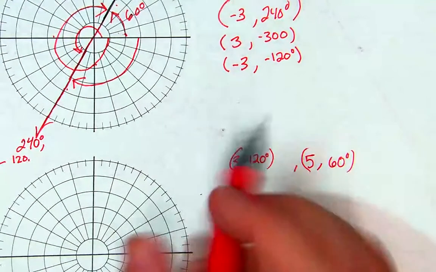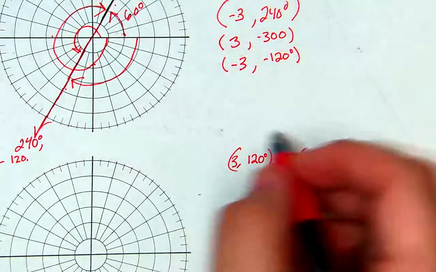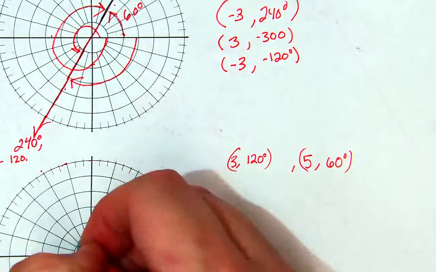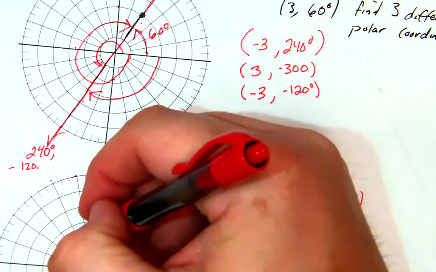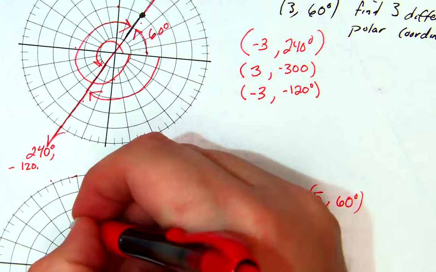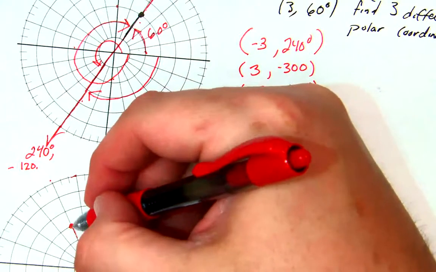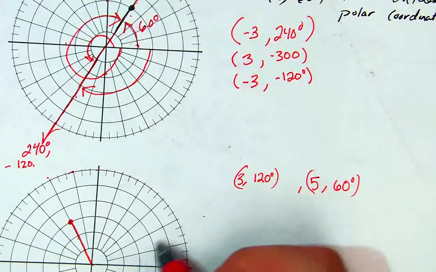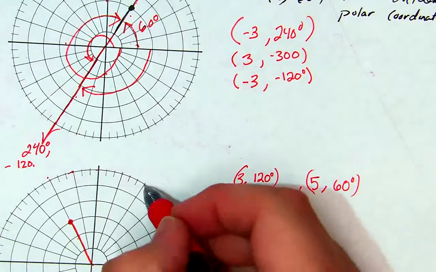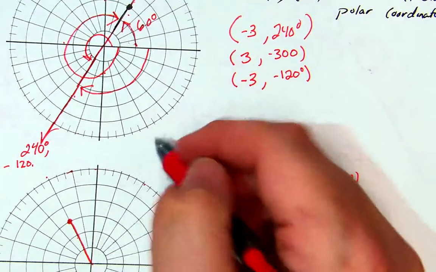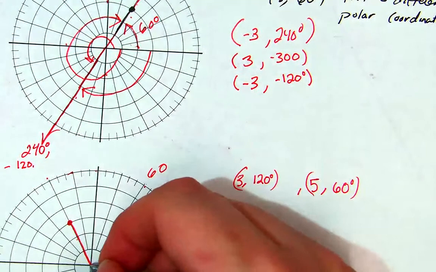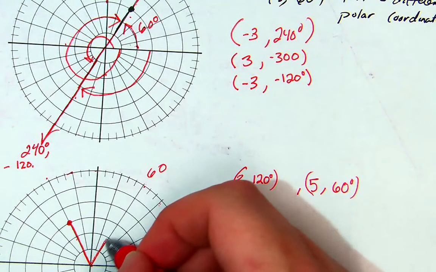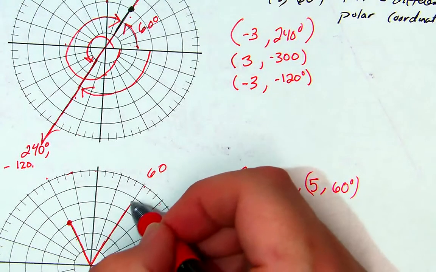So now, what we want to do is plot these points. 3, 120, 90, there's 120. We get 1, 2, 3. And I will draw that in right there. 5, and then 60 degrees, 5, 10, 15. Or 15, 30, so there's 60 degrees. 1, 2, 3, 4, 5.